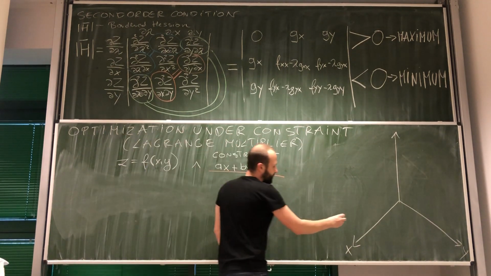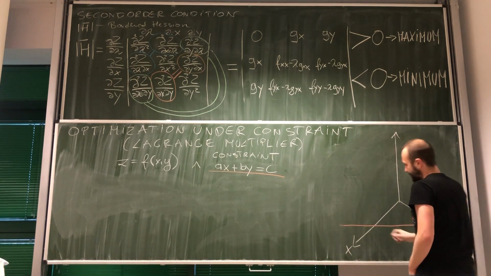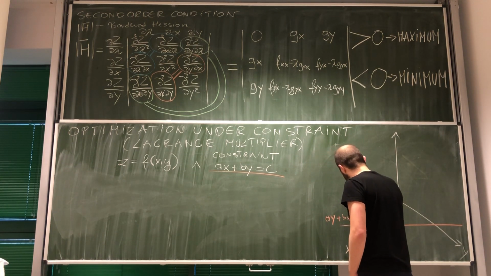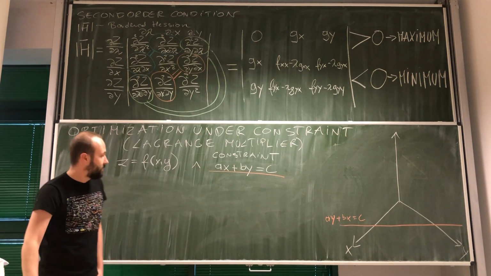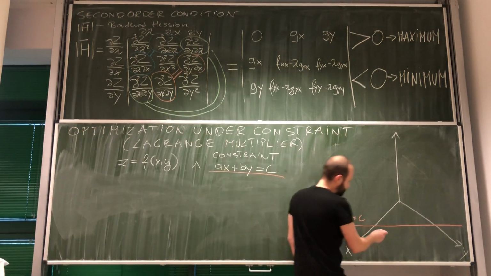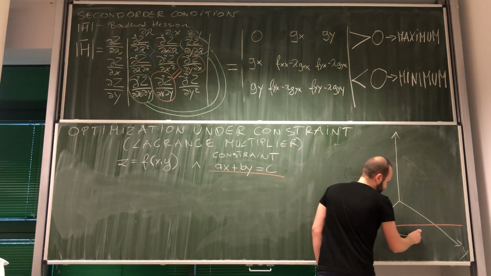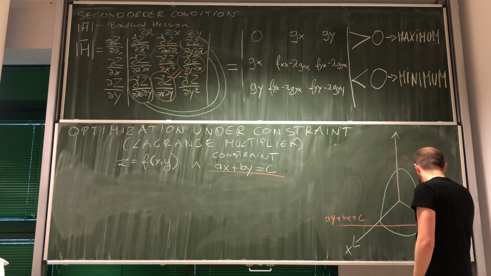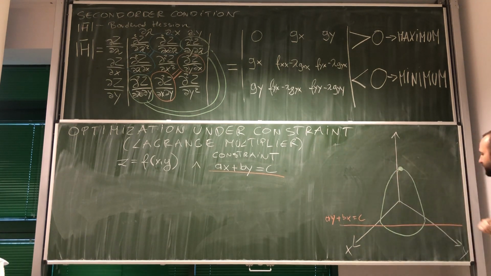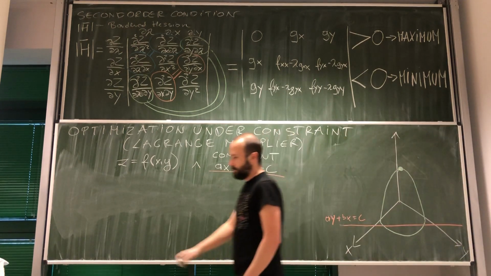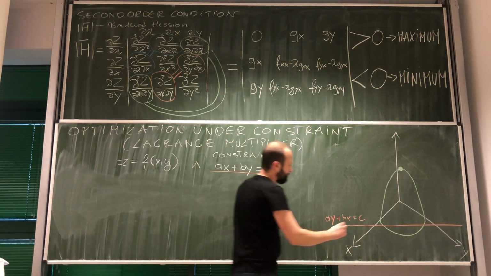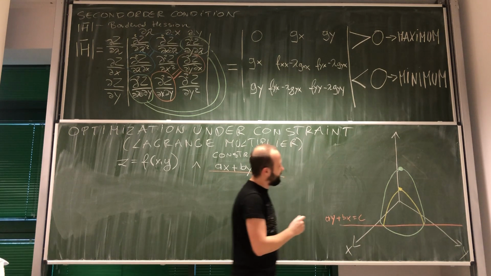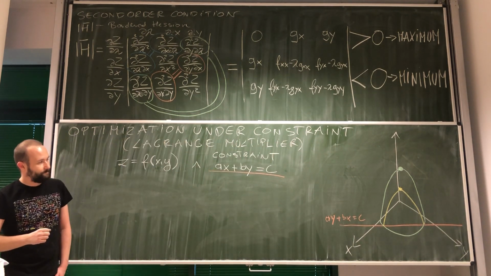Here we've got some function y plus b x equals to c, and over here we've got the spheric shape, and we know the top is over here, but for us the important part is only the part above the straight line.